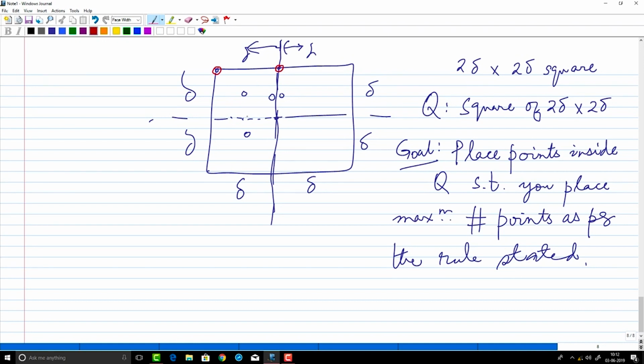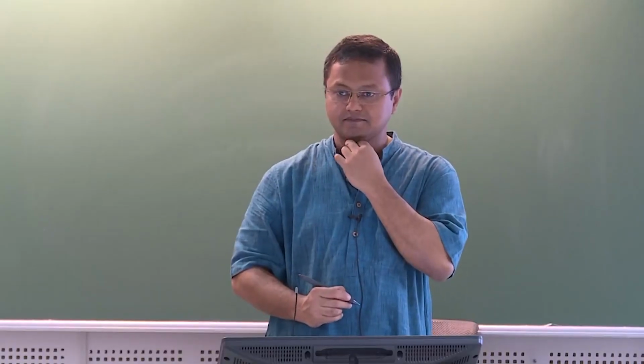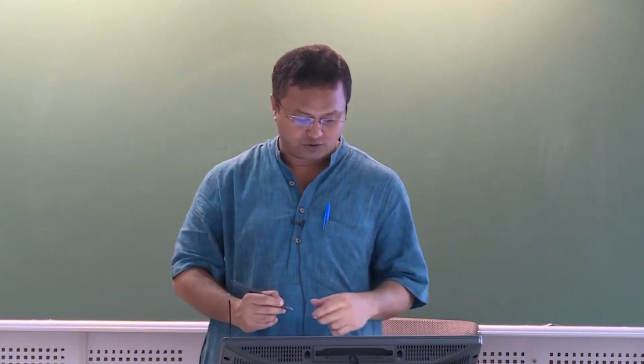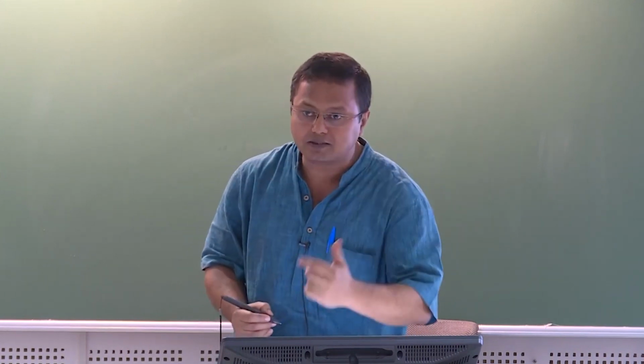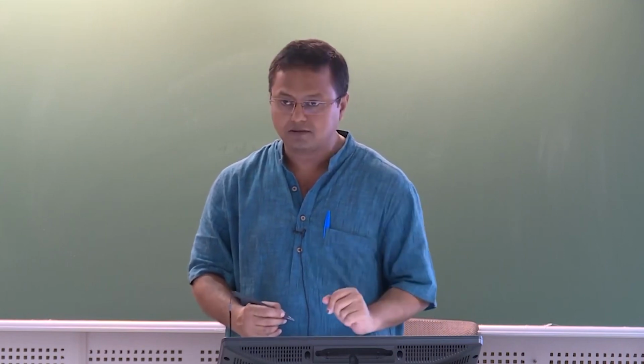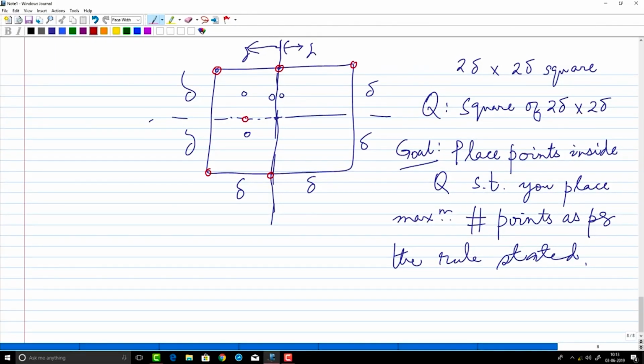You can place a point here possibly, maybe then here, here. That is also one. So, then you can place kind of 9 points at all the corners. So, place one here, here, here, here, here, forget about this one.